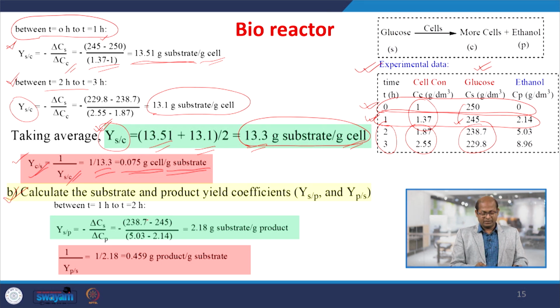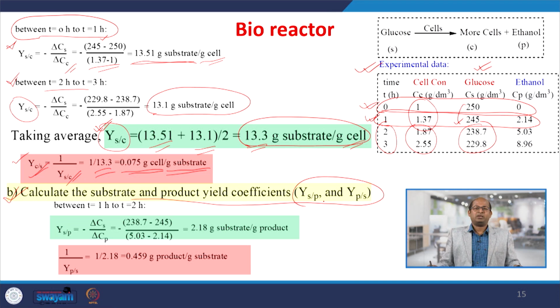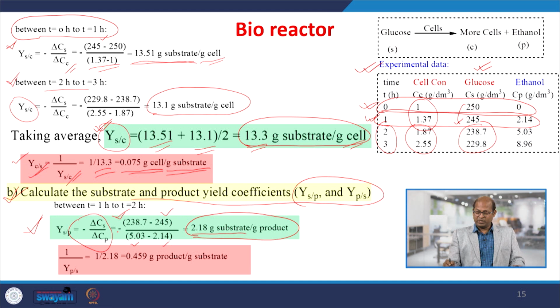Similarly, we can calculate the substrate and product yield coefficients, YSP or YPS, we can find out. So, YSP similarly, this is the definition: minus delta Cs by delta Cp. So, if we put these component values, then it is coming this. These are the values we are putting from the table. Okay. So, 1 hour to 2 hours.